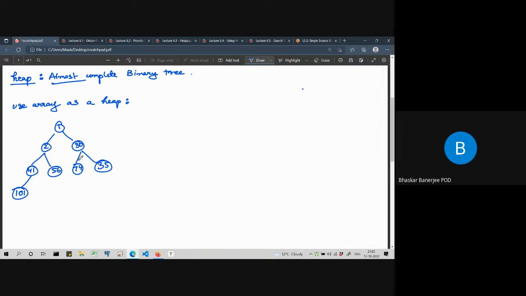Okay, so this is the min heap. You can see that all the parents are smaller than their children. Now this is the diagrammatic representation.